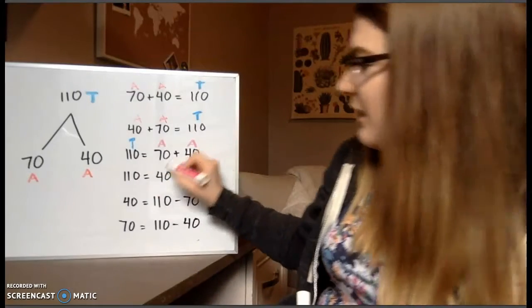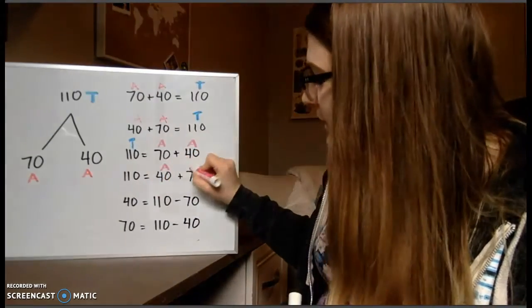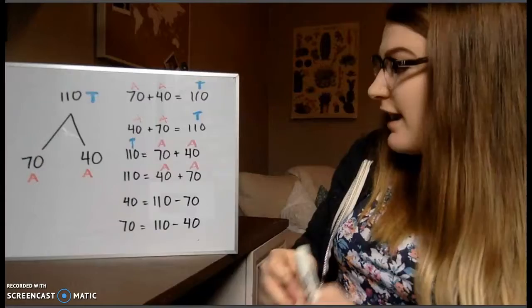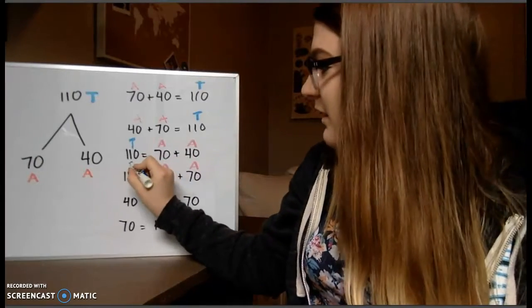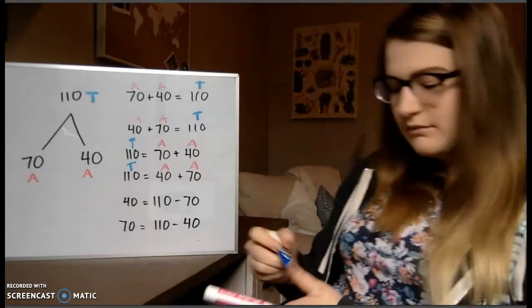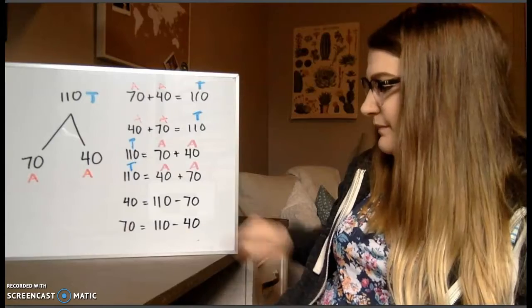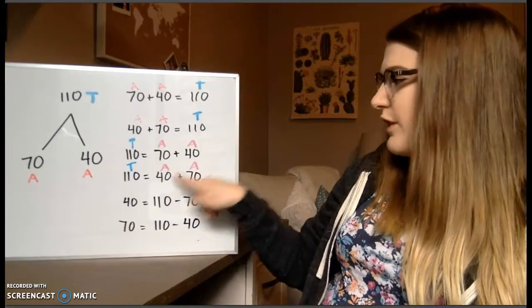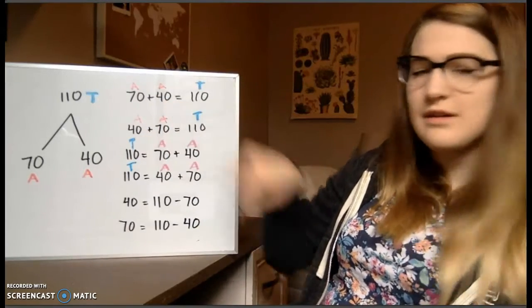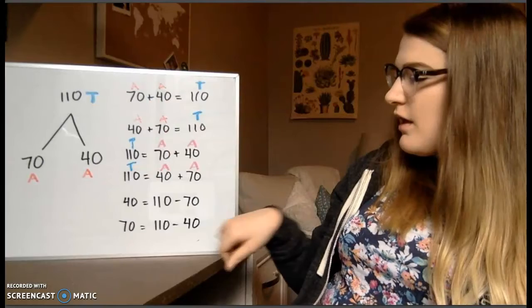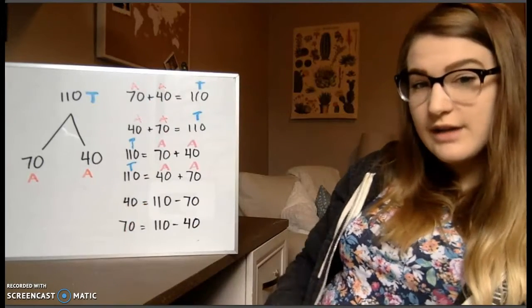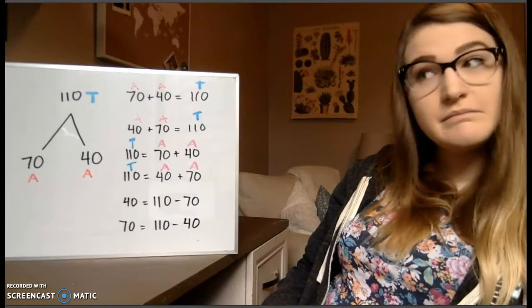Same with this one here. Our 40 is still an addend, our 70 is still an addend, and our 110 is still a total. Now let's look at these bottom two. If my 40s were addends all the way up here, do you think that the 40 here is also going to be an addend?